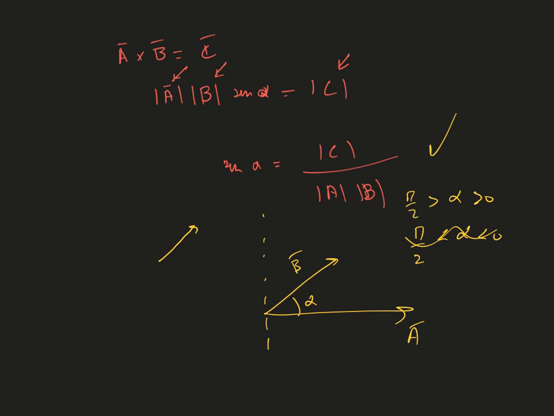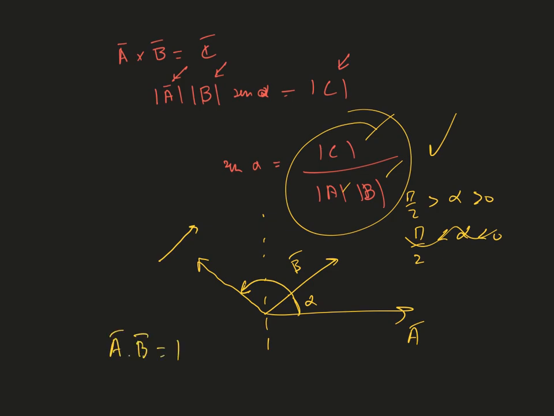Why? Because if the angle alpha is like this, the sine of alpha, here you don't detect any sign because they are magnitudes. So don't use this equation, please. Don't use this one: A scalar B equals magnitude of A by magnitude of B by cosine of theta.